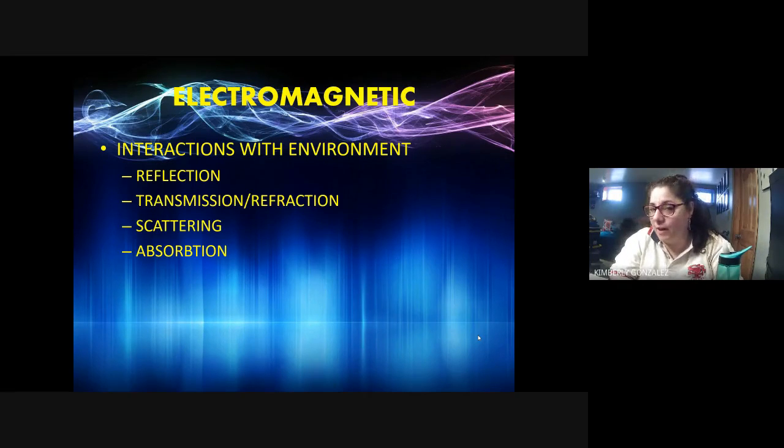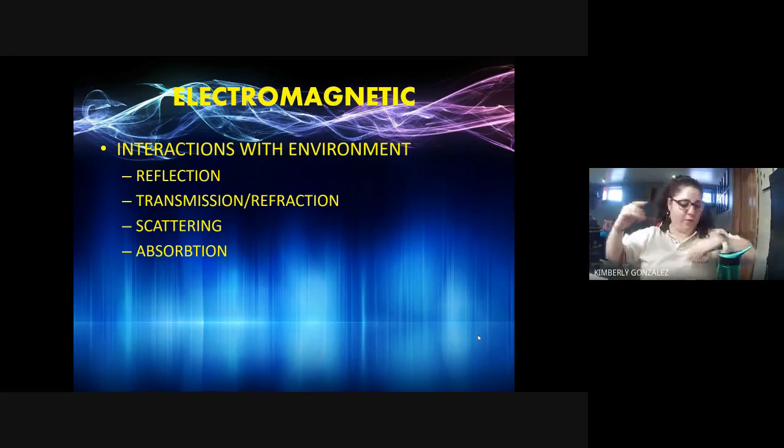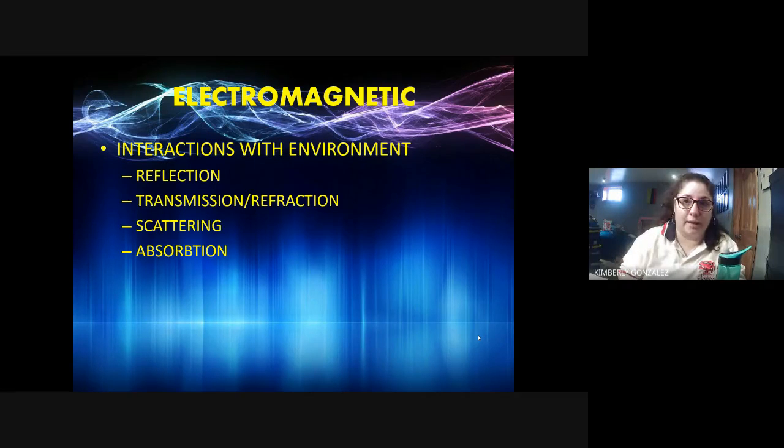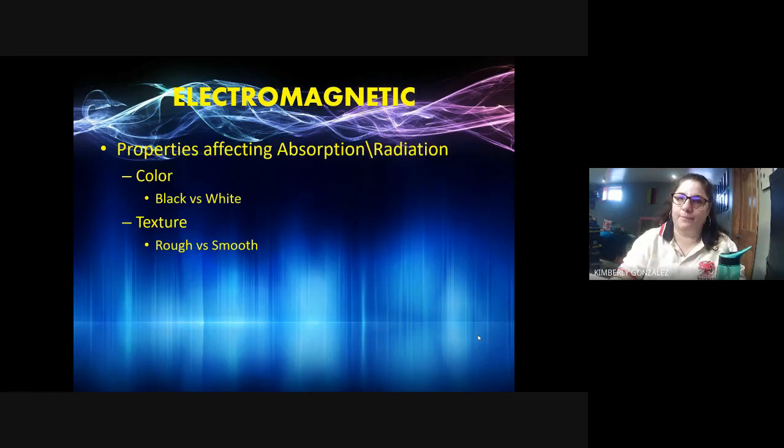That's what scattering is. It just means there's no rhyme or reason for it. You just go in every possible direction just to get away from that light. So when you have electromagnetic energy, it can scatter as well, and it can be absorbed. Absorb means to take in. Those are the 4 different ways that electromagnetic energy will interact with the environment.